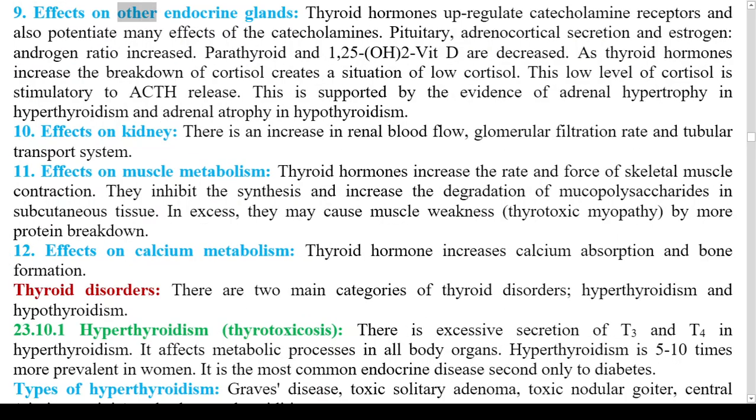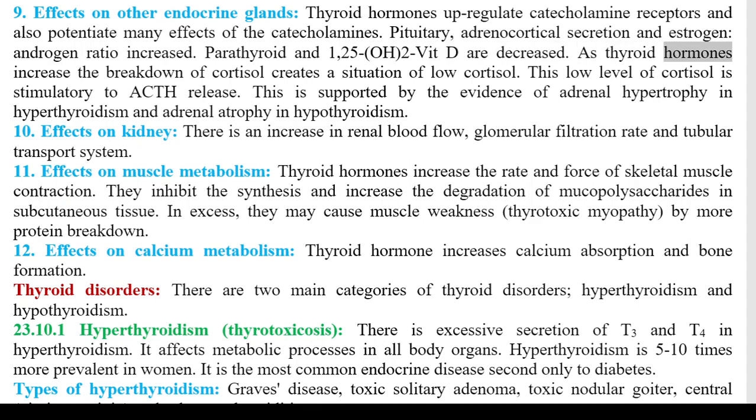9. Effects on other endocrine glands. Thyroid hormones upregulate catecholamine receptors and also potentiate many effects of the catecholamines. Pituitary and adrenocortical secretion and the estrogen-androgen ratio are increased. Parathyroid hormone and 1,25-dihydroxy vitamin D are decreased.